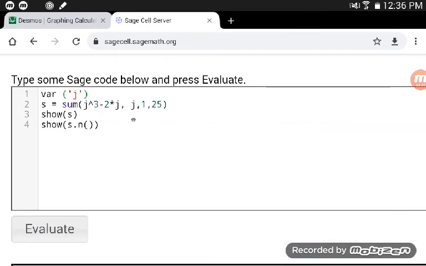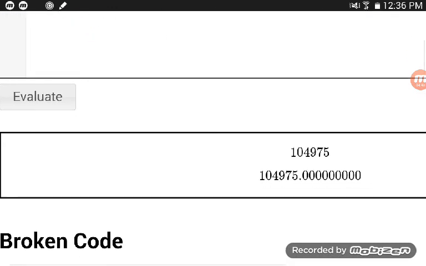But then j is my variable, it goes from 1 to 25, and then I showed these two. Now I didn't really need the numerical one in this case because it's an integer, but nonetheless I left it there, and there's our 104,975. So great, that was number 10, I believe.